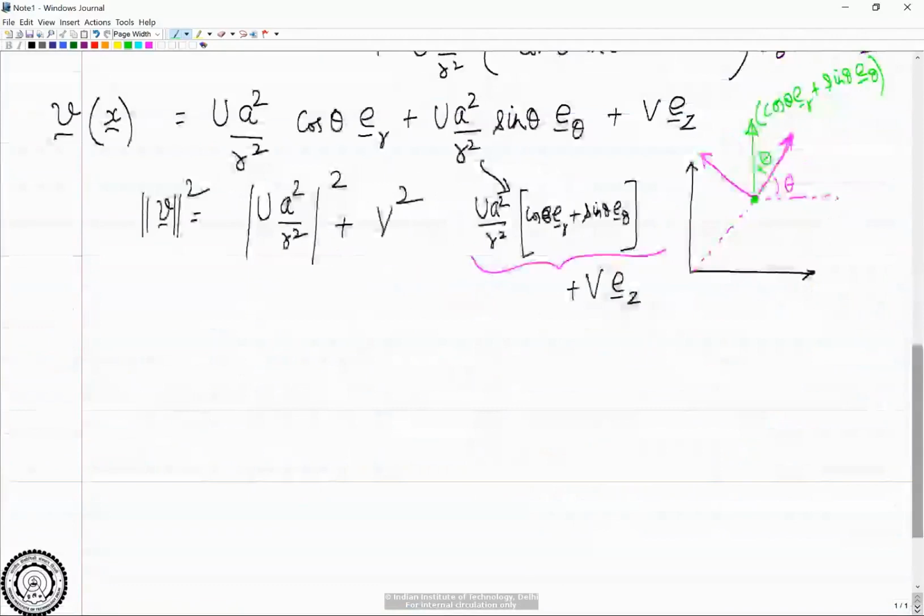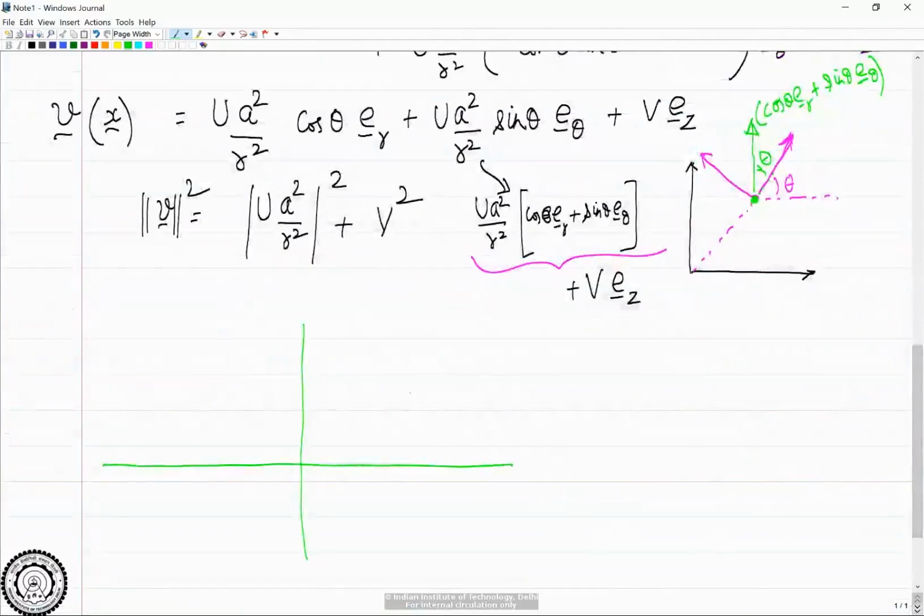So again, if I try to draw its velocity profile, at any point when I'm here, it's pointing outward like this. When I'm over here, it's going like this. When I'm over here, it's like this. Then when I come over here, it will come inside, I guess, because it has to be theta, no?